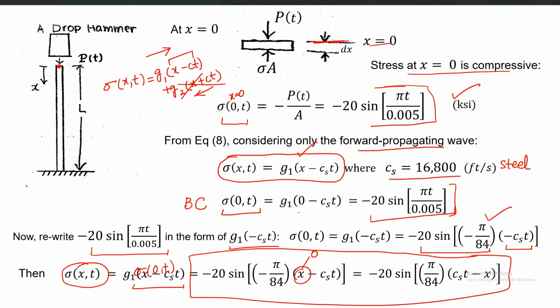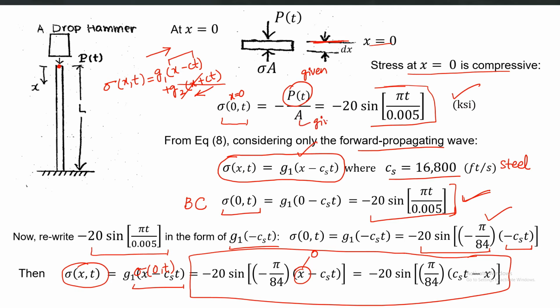We have already known sigma 0 comma t, and that was from the boundary condition. This point is, I think, clear, that we just put x equal to 0 in the boundary condition, because we know that sigma 0 comma t is equal to minus P of t divided by the cross sectional area, and P of t was given. So we just put that P of t and divide by area. Area was also given.